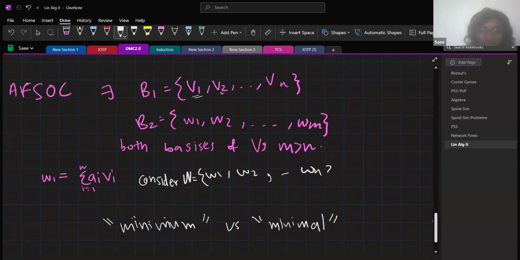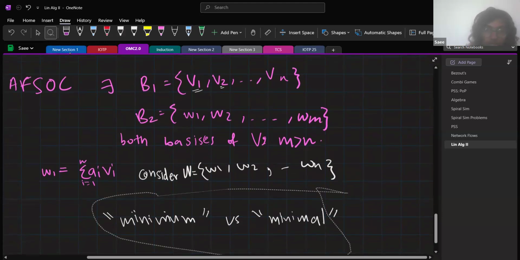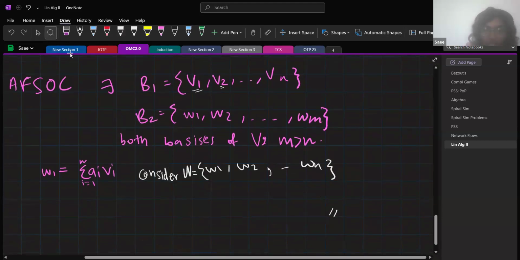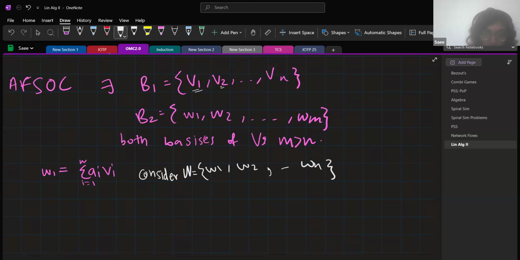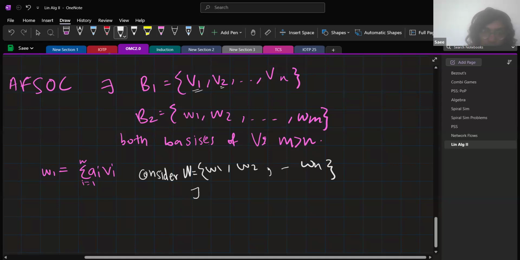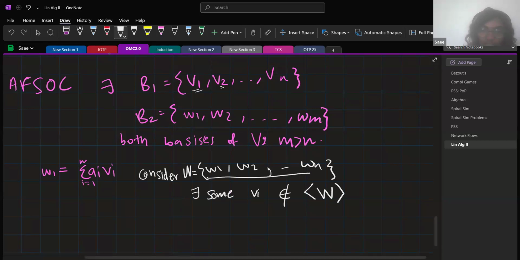Exactly. So if we only consider this set, there should exist some Vi which is not in the span of W. I'm defining W as just the first n vectors in this.